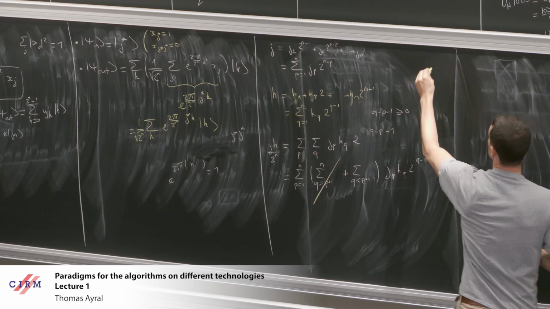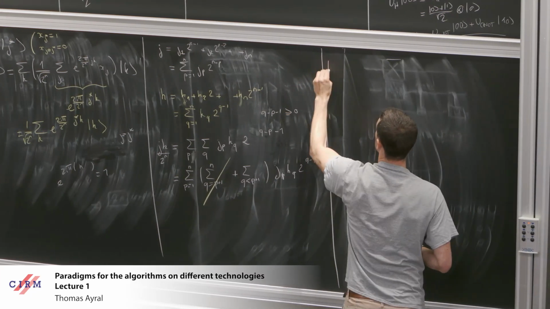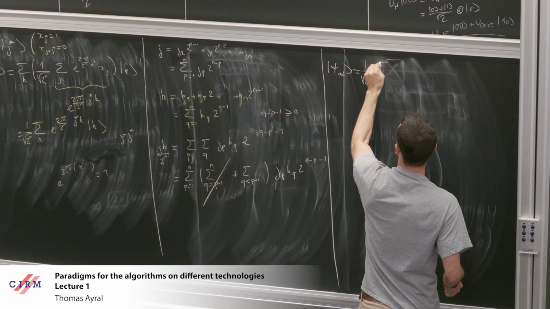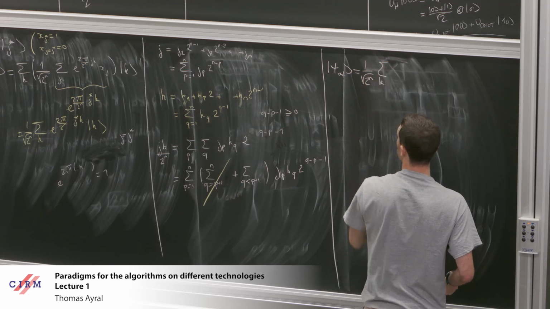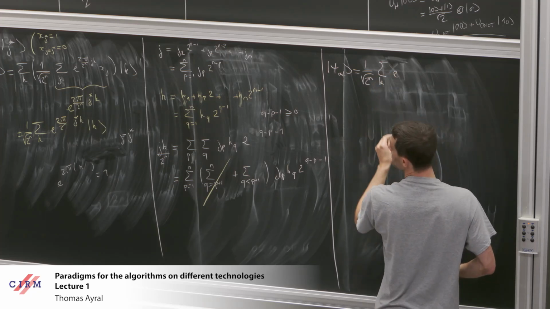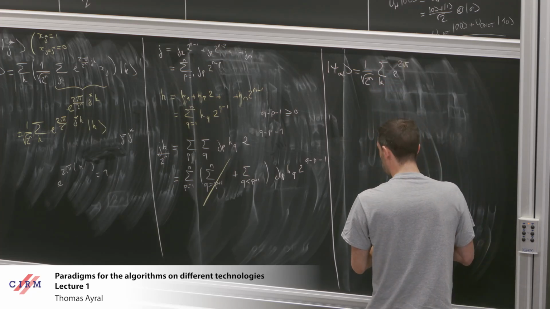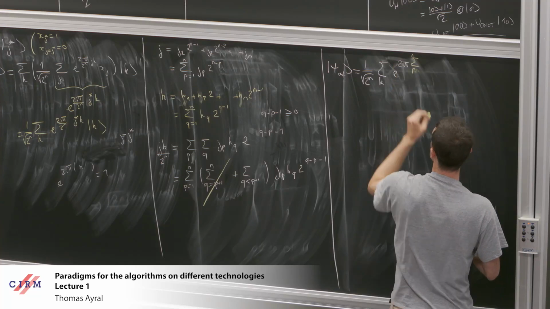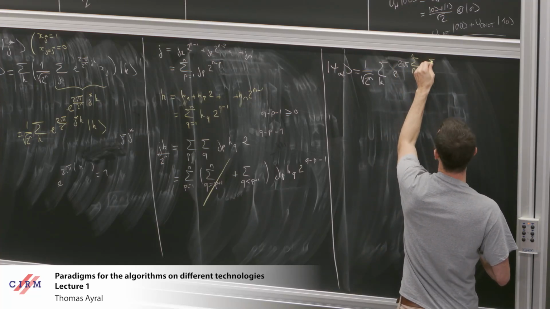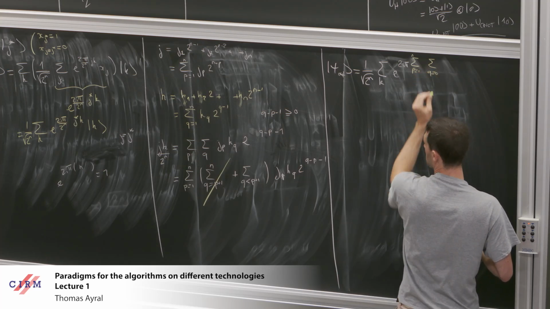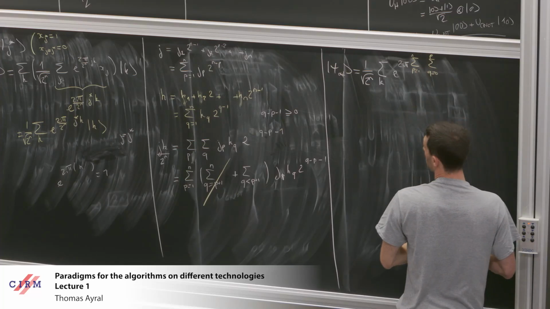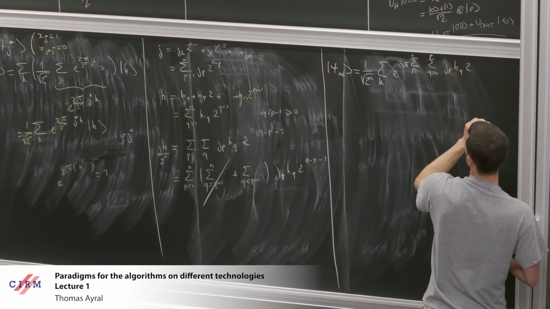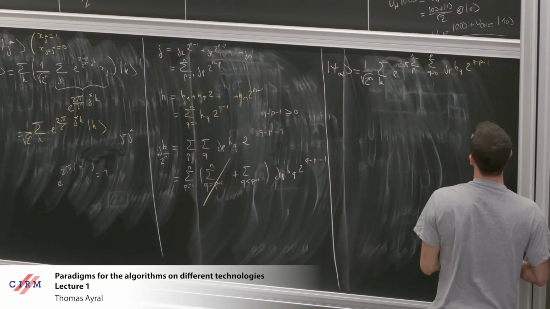So in other words, now my psi out is 1 over square root 2n, sum over n of k, of exponential of 2i pi, and then sum over p from 1 to n, and then sum over q from 0 to p of jp kq times 2 to the q minus p minus 1.